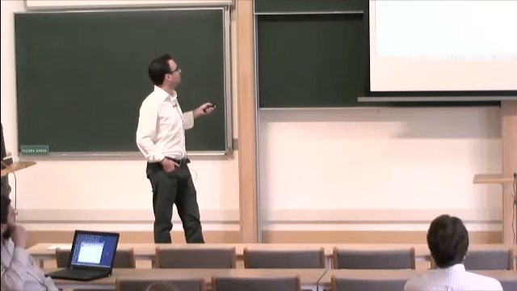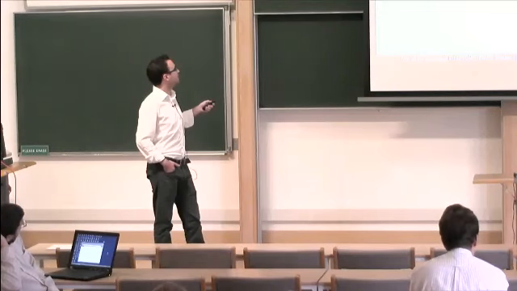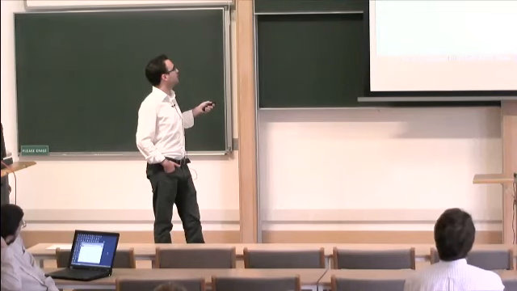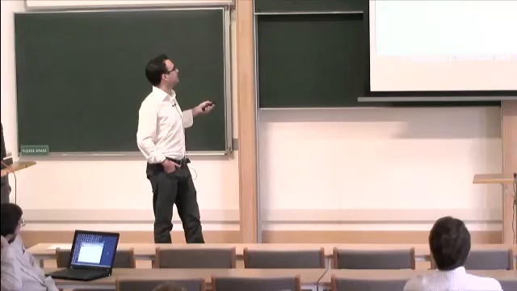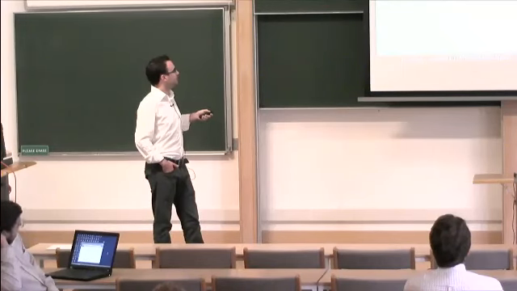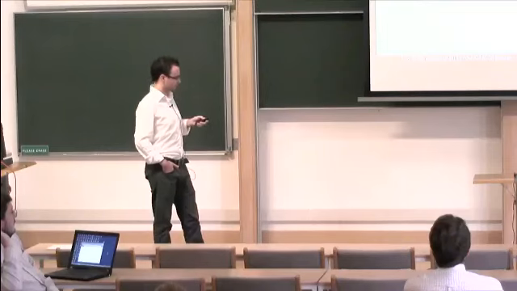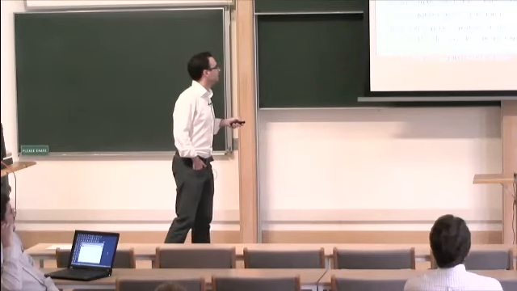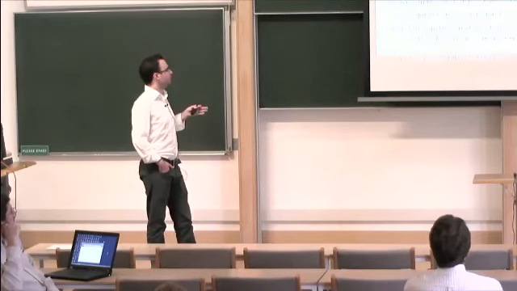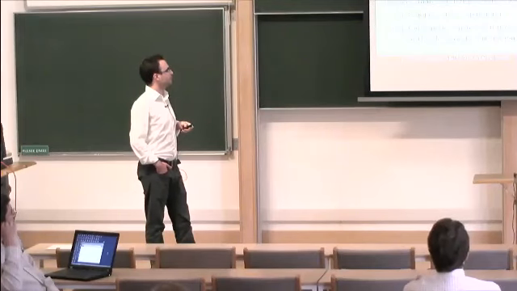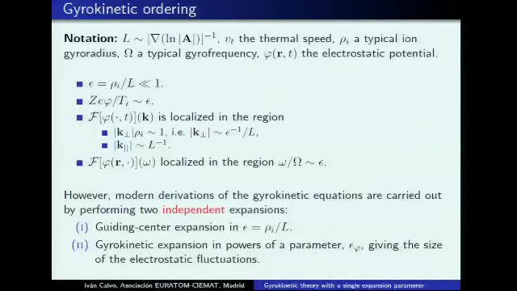So typical wave numbers in the perpendicular direction are of the order of 1 over rho I, and in the parallel direction of the order of 1 over L. And for omega, the typical omegas that one wants to resolve, when compared with the gyro frequency, are of the order of epsilon.